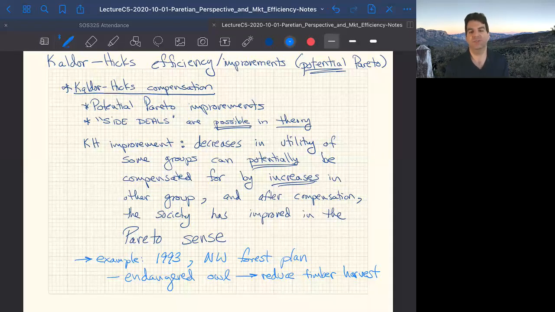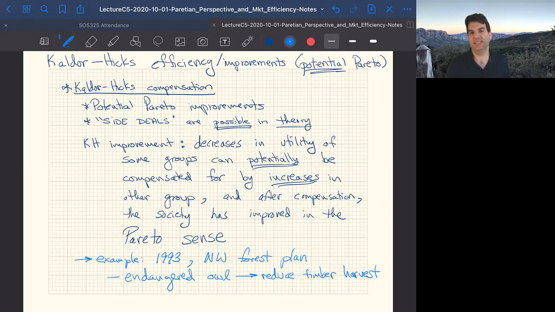So it's almost like paying the timber industry not to cut timber, and so hopefully after that, society as a whole is better off, because those that benefited from having the owl receive that benefit, and those that benefited from not having the owl receive payments from those that benefit from having the owl, and those payments end up making them as good as they were before.